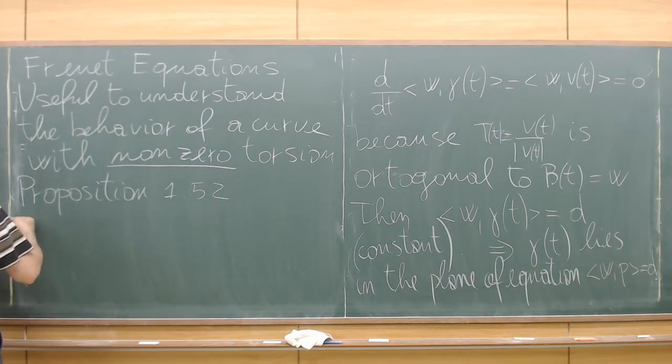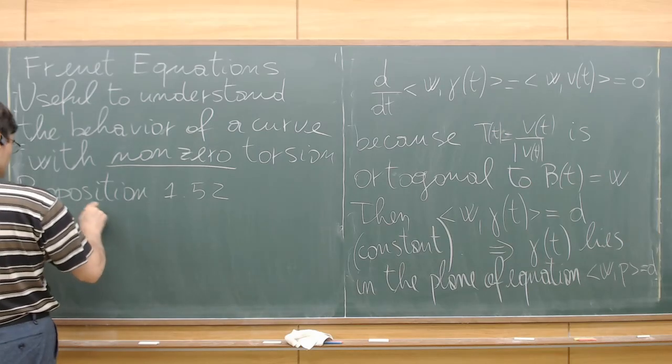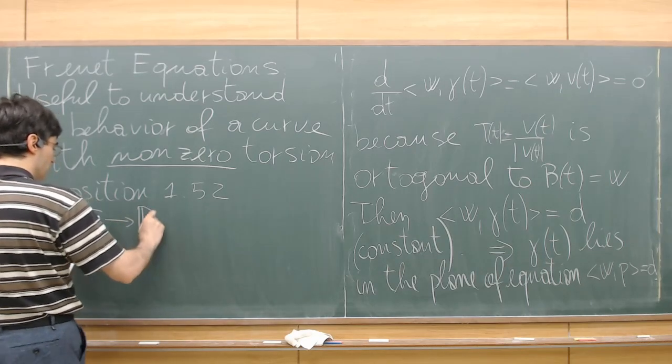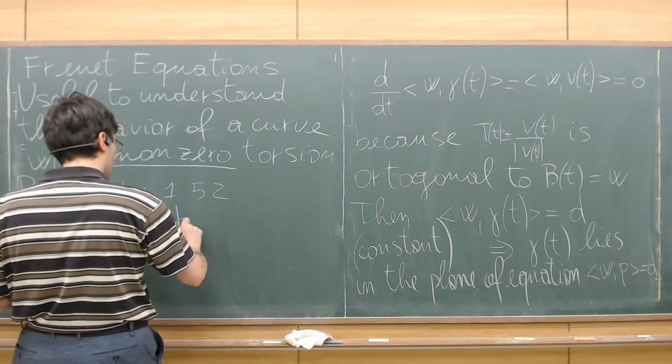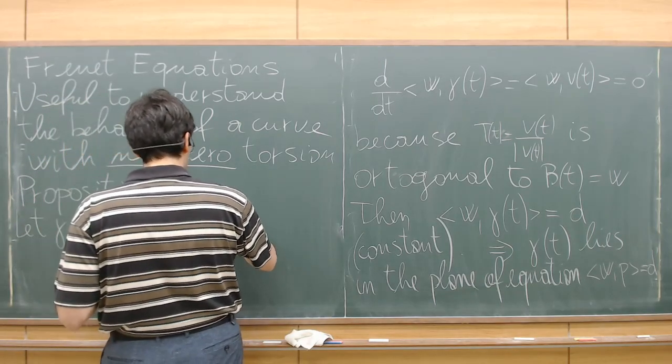So suppose as usual that gamma is a regular space curve.